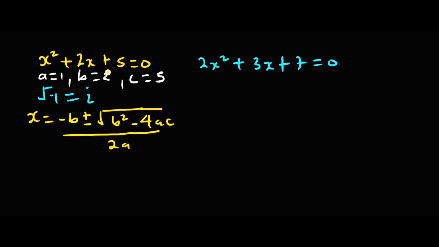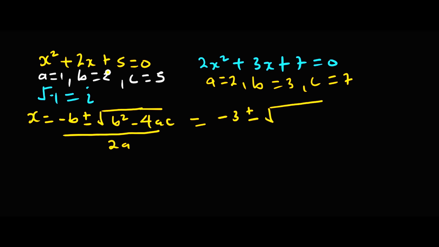So let us just identify the values of A. A in this case is 2, B is 3, and C is 7. So if we substitute those values here, we're going to have minus B, that is minus 3, plus or minus the root of B squared, that is 3 squared, which is 9, minus 4AC, that is 4 times 2, which is 8, times C, which is 7, that is 56.